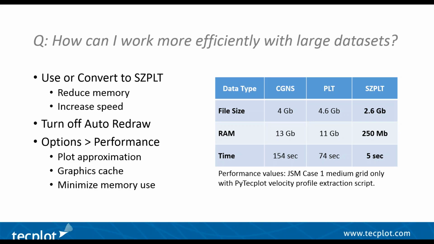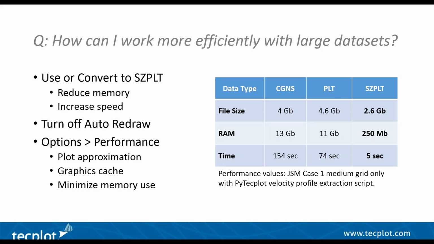And then we performed the PyTecplot script with the velocity profile extraction off of the Z direction, and these were the results. So the CGNS file was about 4 gigs. We converted it to both PLT and SZL PLT, and they were 4.6 gigs and 2.6 respectively.